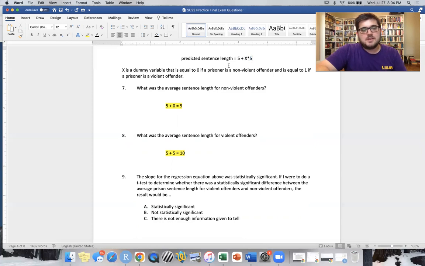If you remember from the last chapter, the regression coefficient that's attached to a dummy variable just represents the difference between groups, between the baseline group and the non-baseline group.